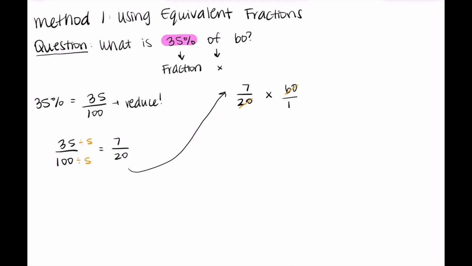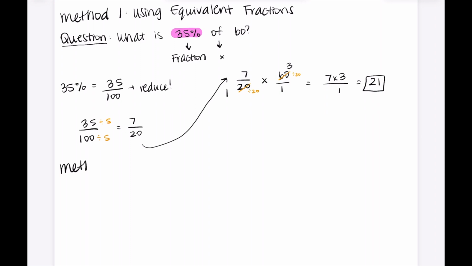That 60 and that 20, we know that they both are divisible by 20. So let's divide by 20 for both of them. 20 divided by 20 gives us 1, 60 divided by 20 gives us 3. So now for our numerator, we have 7 times 3 up top and then just 1 on the bottom. We know that 7 times 3 gives us 21. So that would be the answer using the first method for the question.